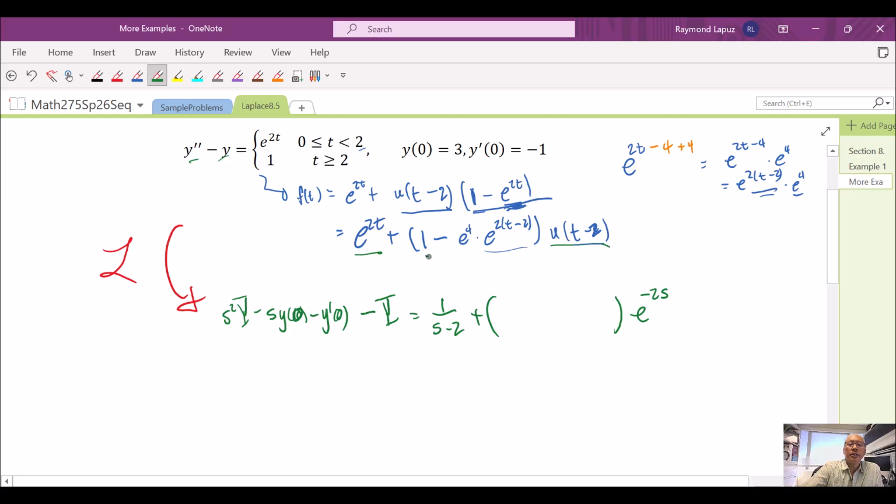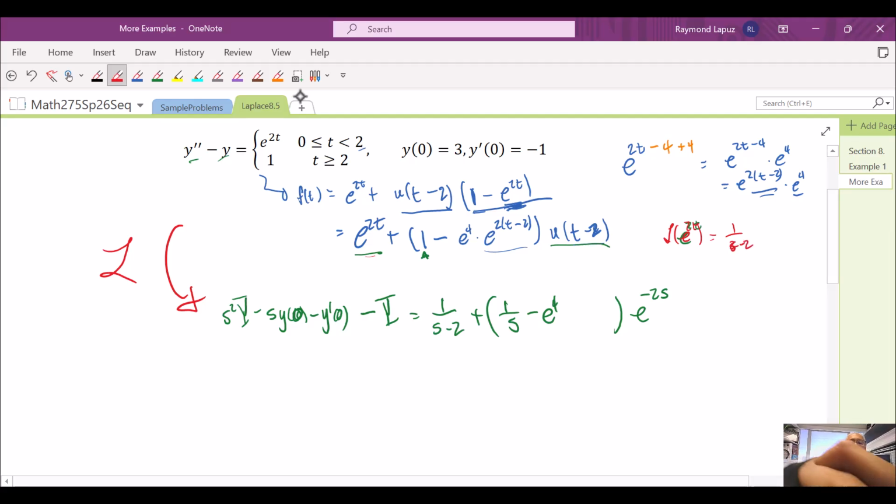All right, so the 1 transforms just into 1 over s. And then you have a constant e to the 4. Don't forget that e to the 4 is just a constant. And we really just want e to the 2t transformed. And so the transformation of that is, again, the same as this. So it's 1 over s minus 2.